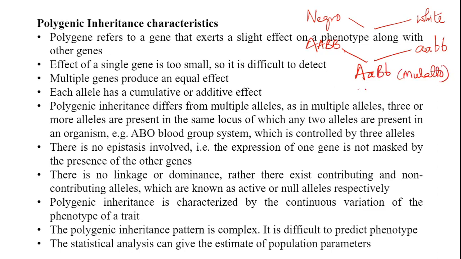If mulatto is self-crossed, it produces a phenotypic ratio of 1 is to 4 is to 6 is to 4 is to 1. In that, 1 is called negro, 4 is called black, because of 75% melanin.